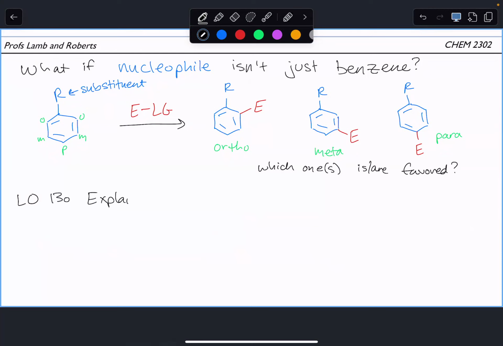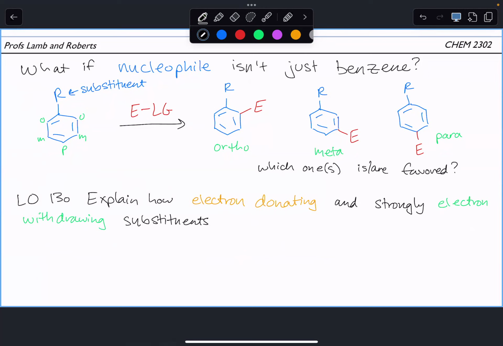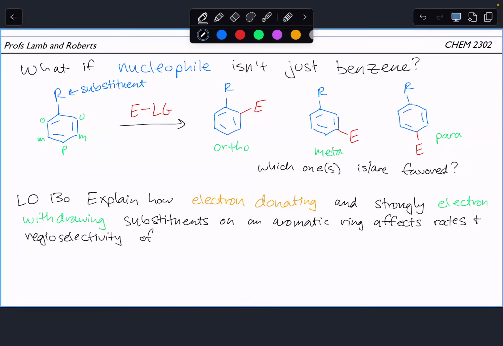So we're going to explain how electron donating and strongly electron withdrawing substituents on an aromatic ring affect both the rates and regioselectivity of EAS. So this is sections 13.9 through 13.13.